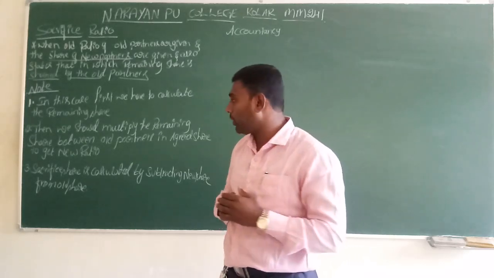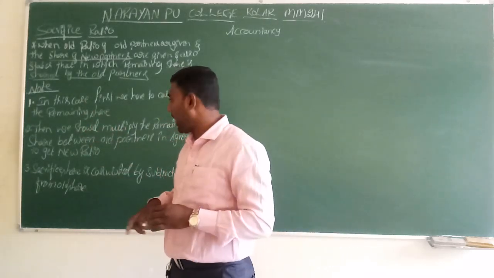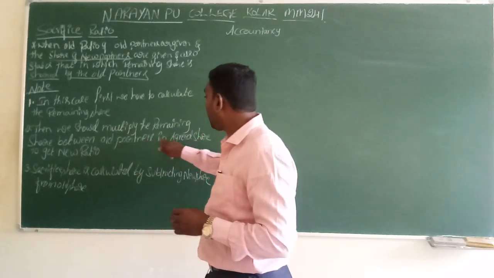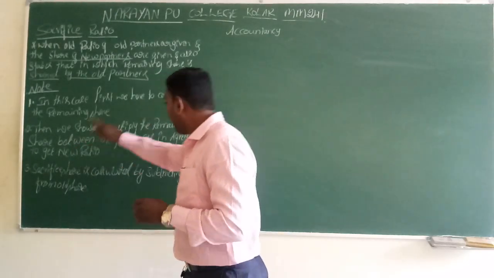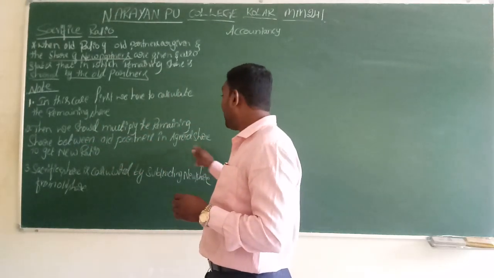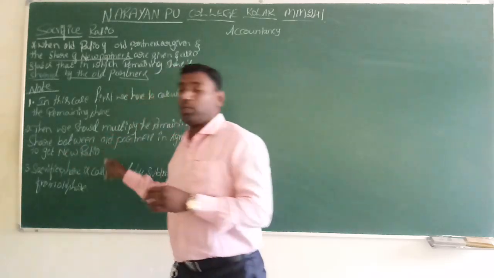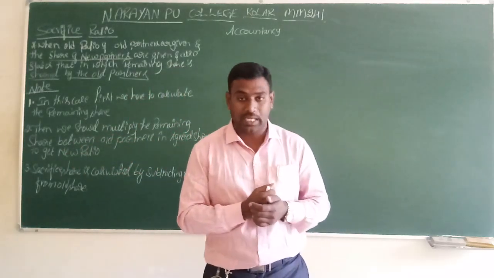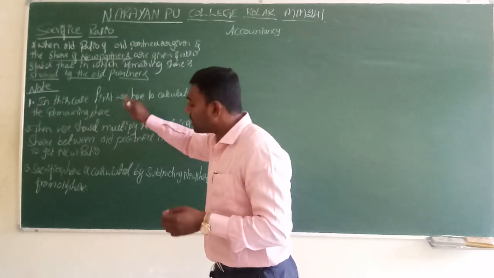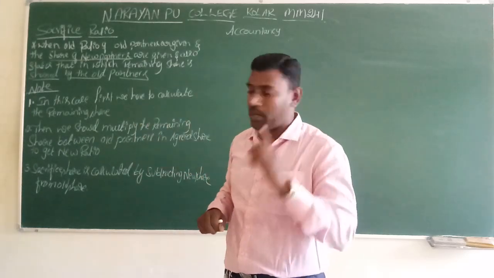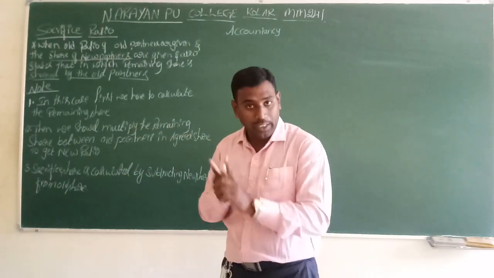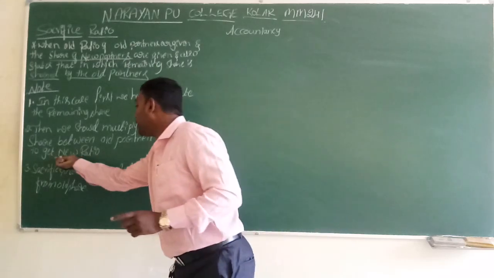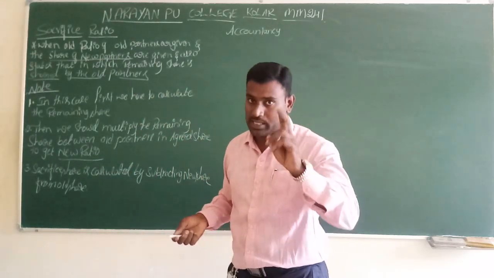The remaining share calculated in step 1 should be multiplied by the agreed share given in the question. Both should be multiplied to get the new ratio. That is step number 2.